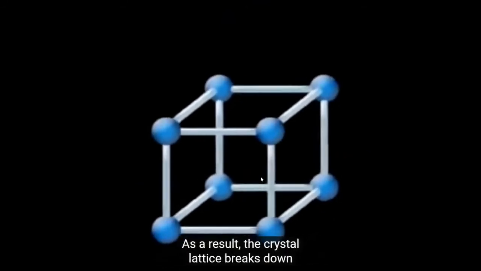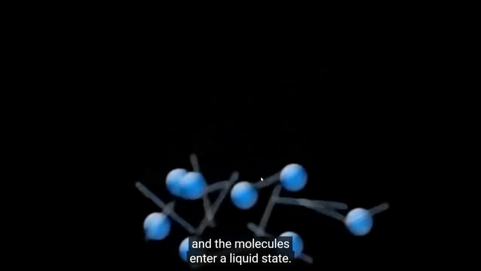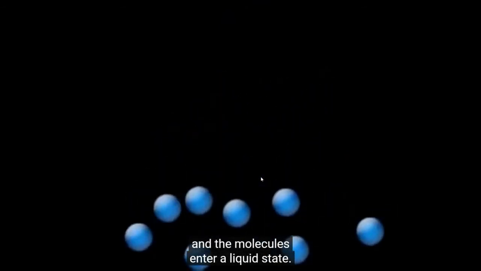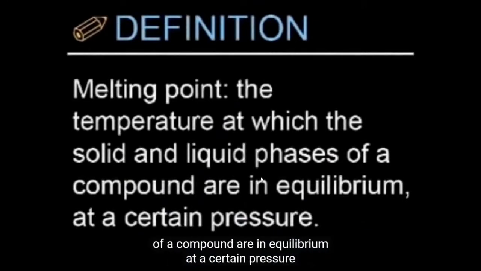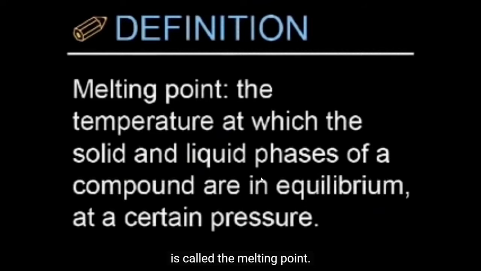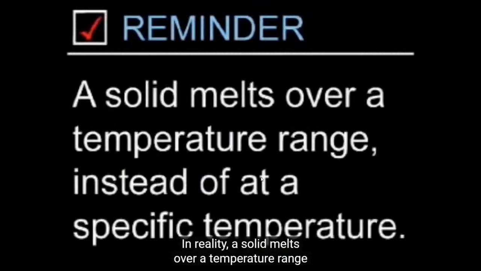As a result, the crystal lattice breaks down and the molecules enter a liquid state. The temperature at which the solid and liquid phases of a compound are in equilibrium at a certain pressure is called the melting point. In reality, a solid melts over a temperature range instead of at a specific temperature.